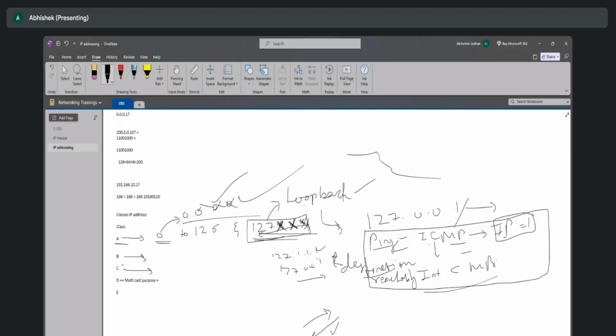Now, what about class B? Class B IP addresses start from 128.x.x.x to 191.x.x.x, right? So that's the class B IP address range.